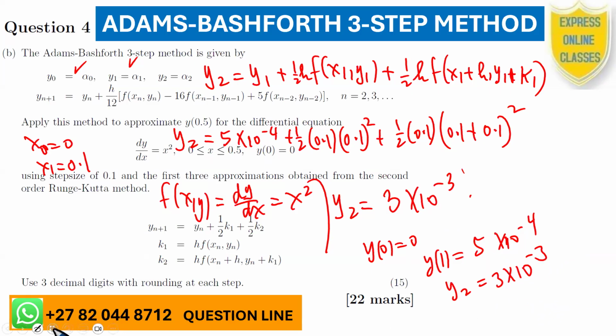So we got exactly the 3 y values. These are the initial values we've got in the Adams-Bashforth method, but it is already coupled with the second order Runge-Kutta. This algorithm is the algorithm for the second order Runge-Kutta.